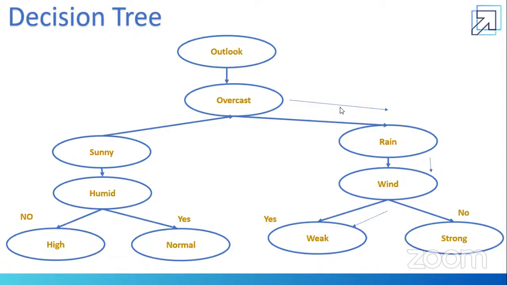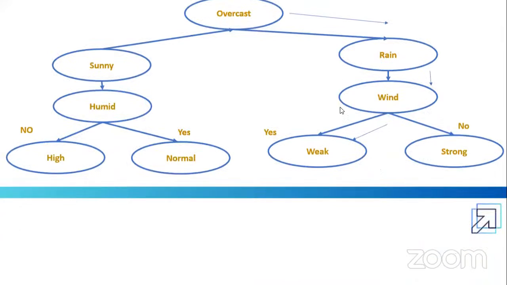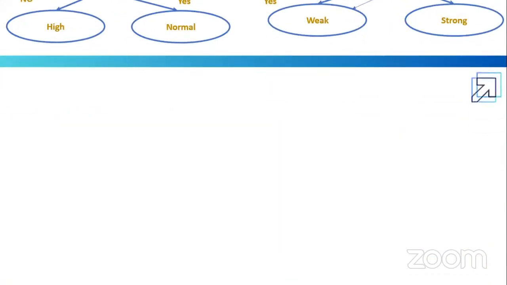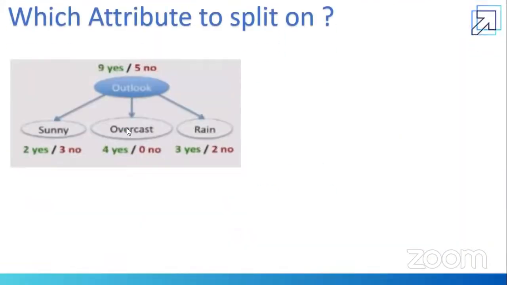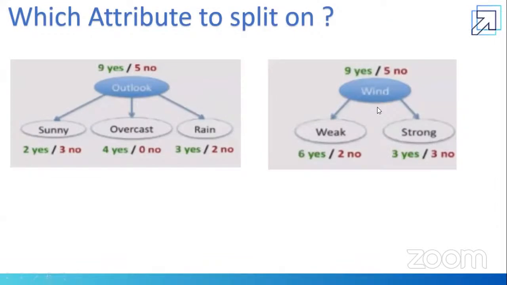If we split on Outlook, we got these values. If we split on wind, we got these values, right? So why couldn't we split it on wind?